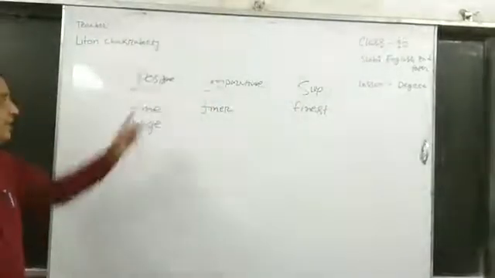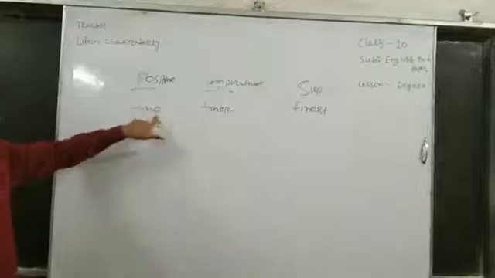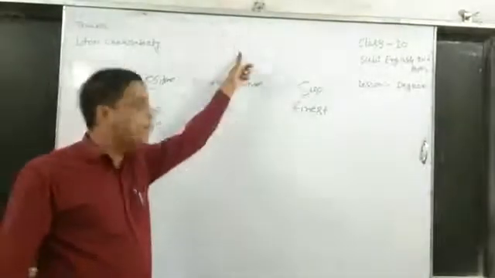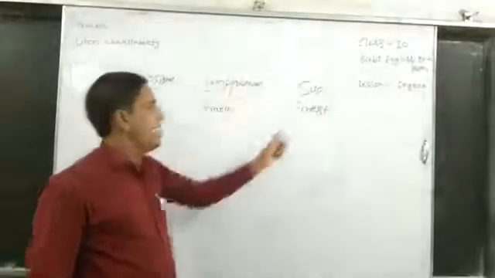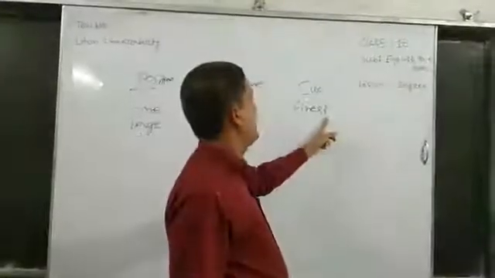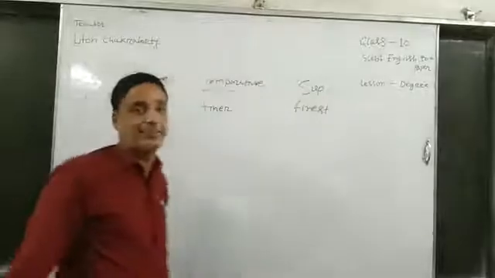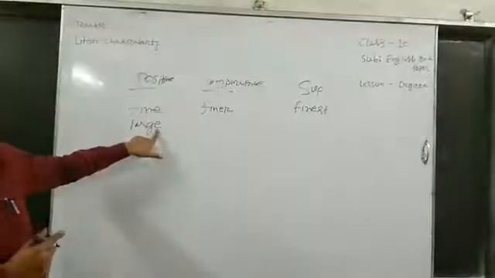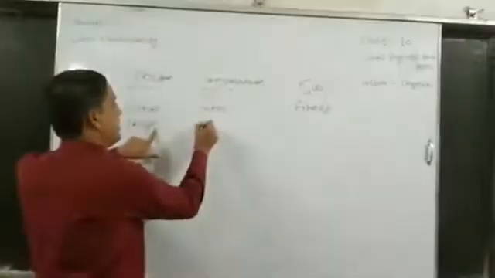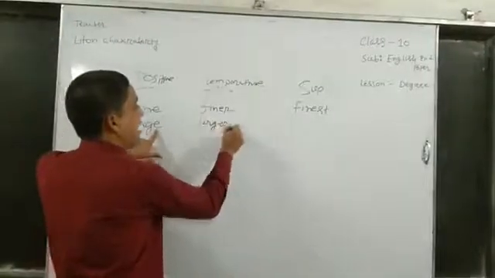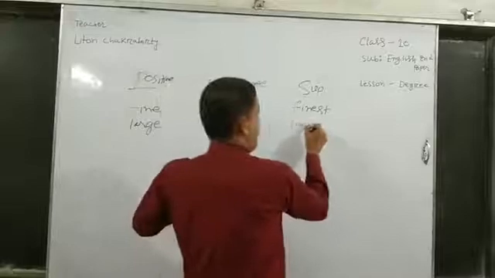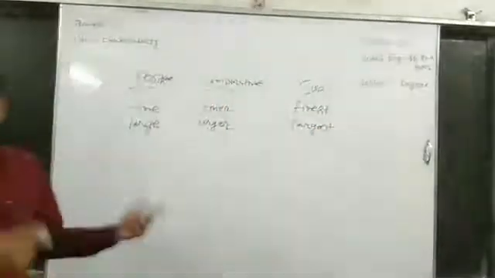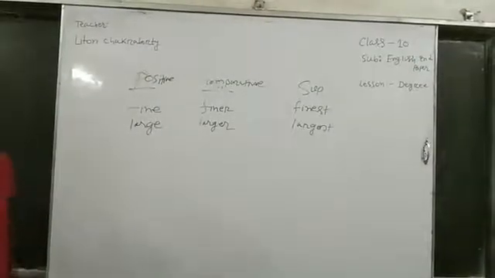Finest. If we get E, we will add R for making comparative and S-T for making superlative. Like large, we got E, so we will write large, larger, and largest.